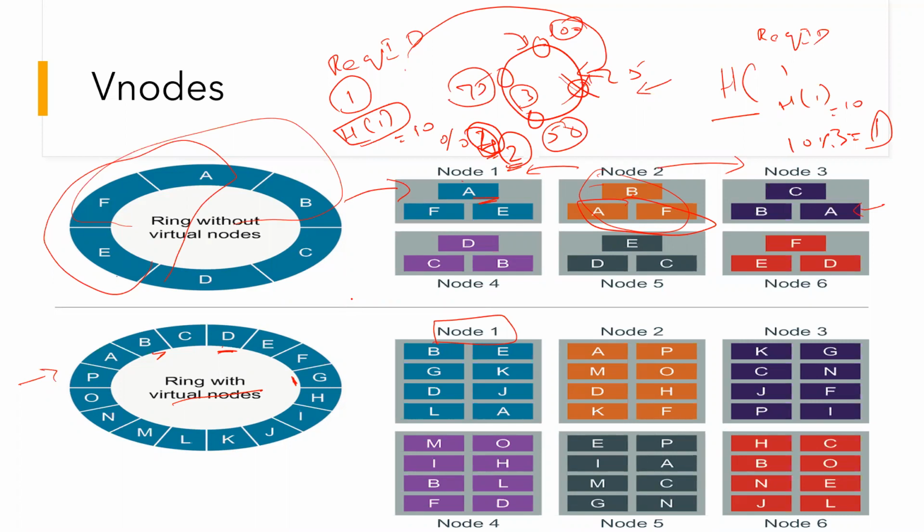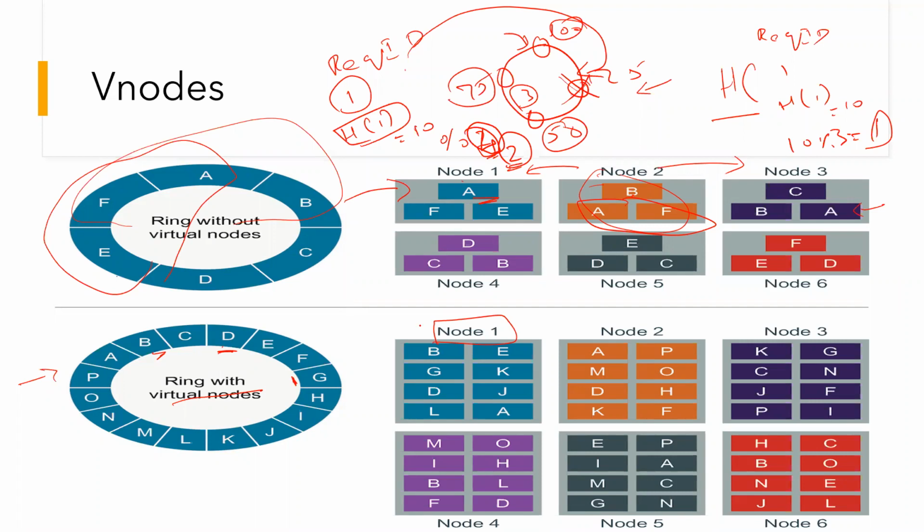Okay. So basically distributing the hash range of values. So one node will have multiple ranges of values. So you are using multiple hash functions, and that node 1 contains those B, G, D, L ranges. Node means, let's say, one of the servers, like server 1, correct?